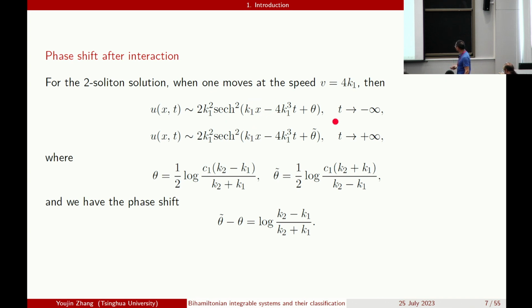And after t tends to +infinity, we see the same shape of the solitary waves, but with a shift of the phase. So after the interaction, the shapes of the solitary waves remain precisely the same, only with a shift of the phase.